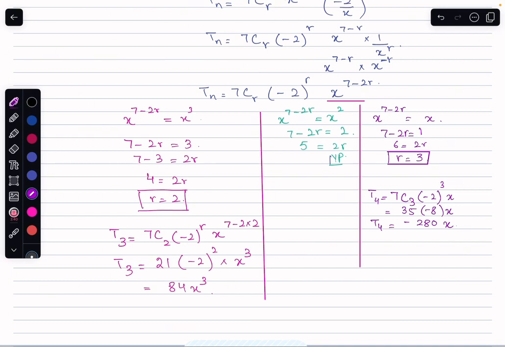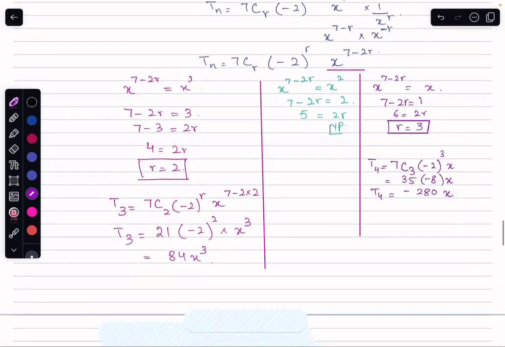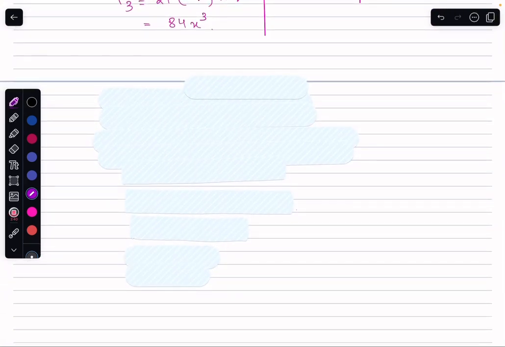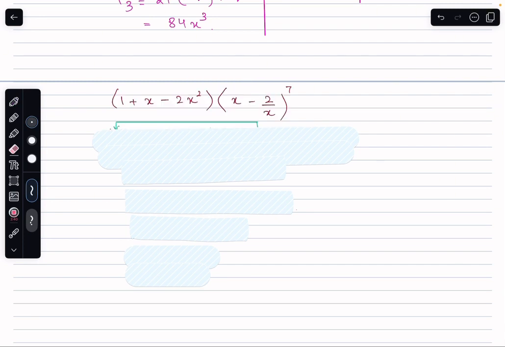So I have the two terms which, when multiplied by 1 plus x minus 2x square, should give me the coefficient of x cube.